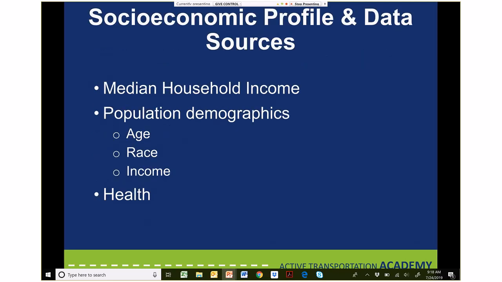So when we look at socioeconomic data, we're going to be looking at things like income, population demographics, everything from age to race to income again, and then health. And so as I've mentioned before, all of these do have their own particularities in rural communities, and we want to talk about why that is and how that plays into the way people get around.